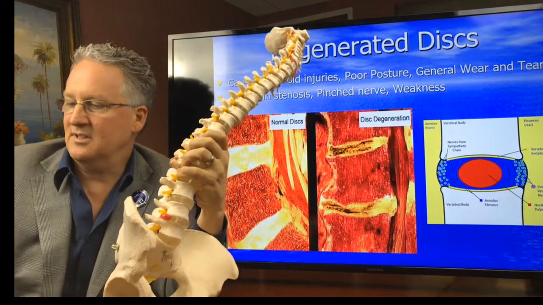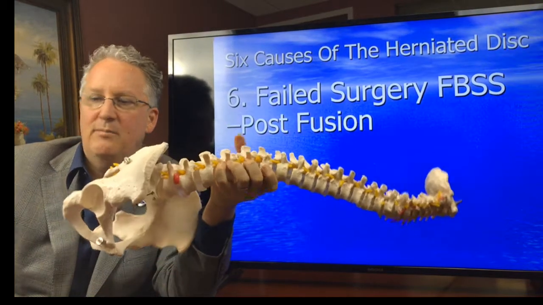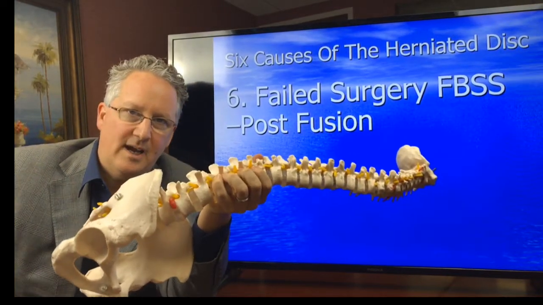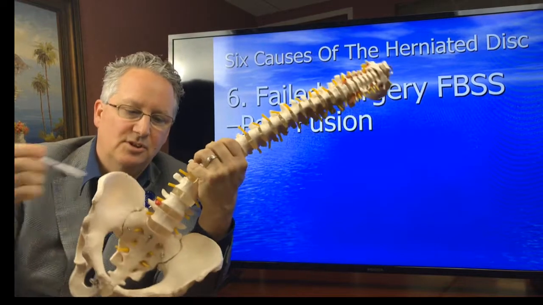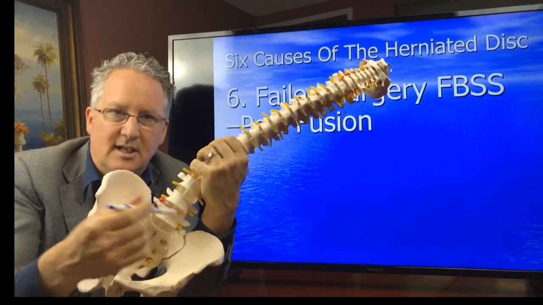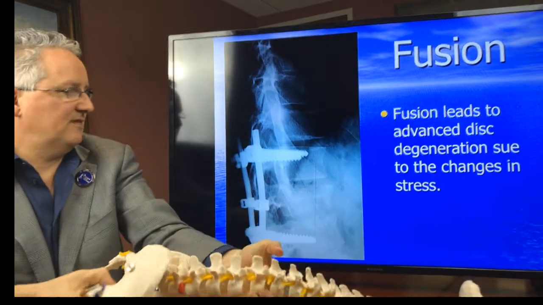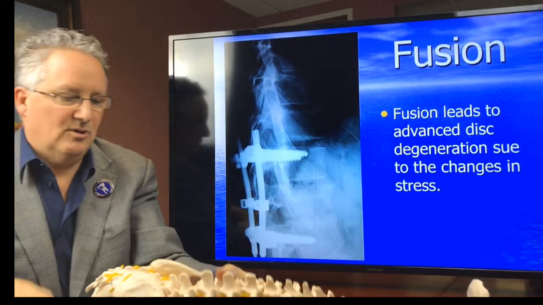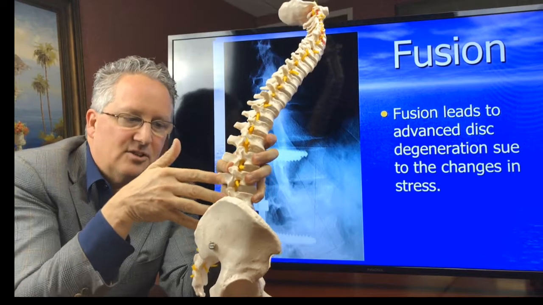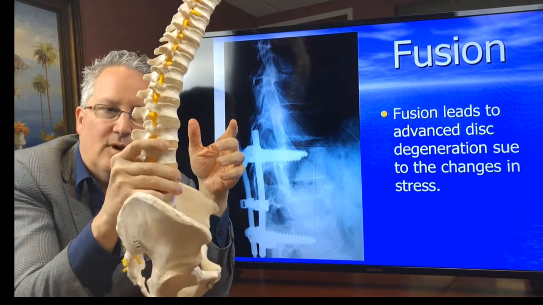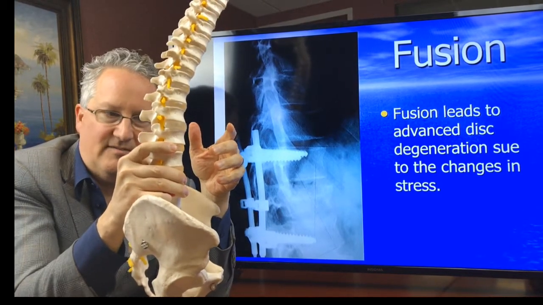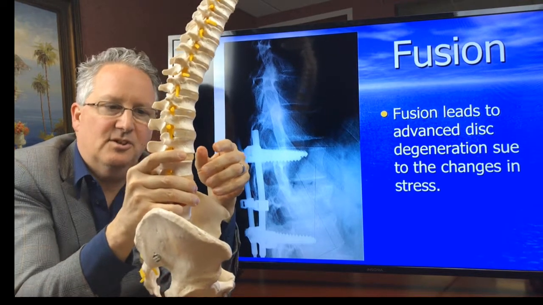That's the 5th reason. The last one is what we call failed back surgery syndrome. Failed back surgery syndrome is when you have a surgery that doesn't work. And it's not uncommon that people get the fusion surgery, where they fuse the vertebrae together. They put rods and screws in the back to hold everything in one place. That's called a fusion. It's the most advanced, traumatic surgery you can have in your spine.